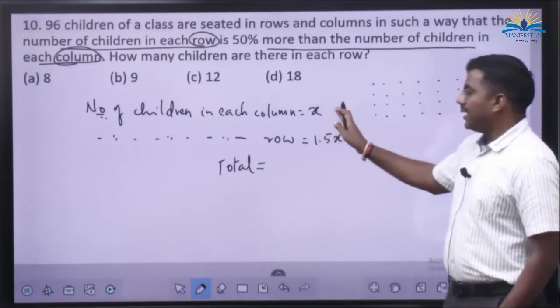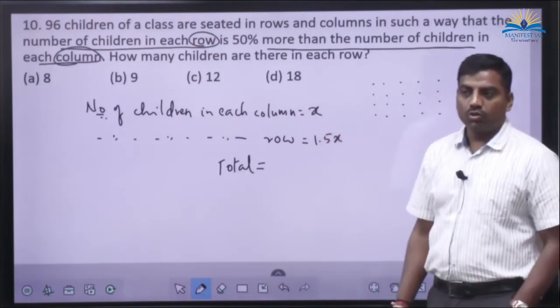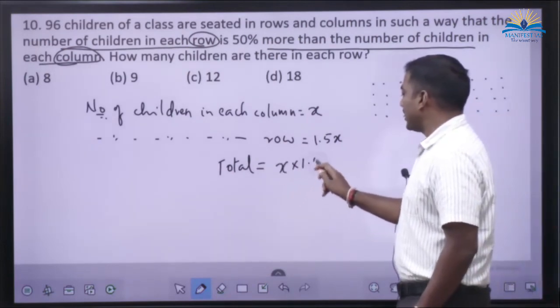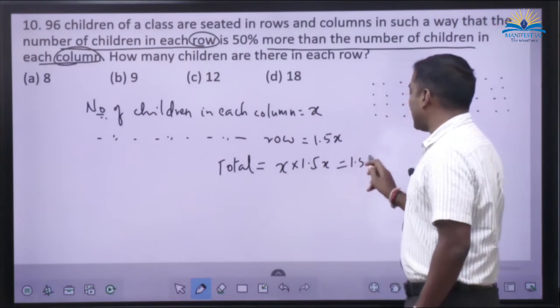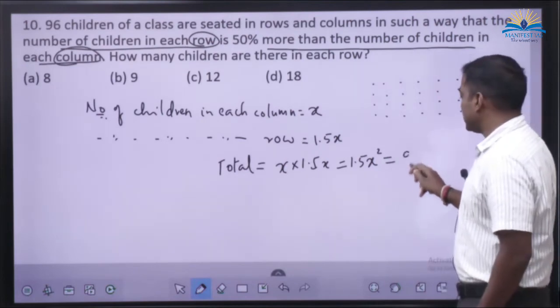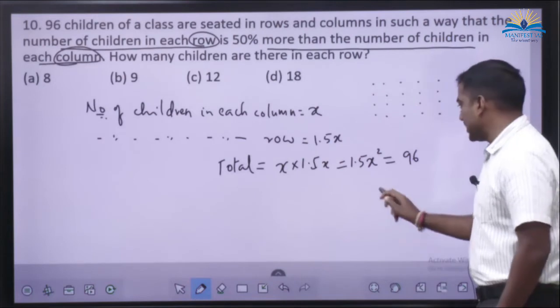These many people in column, these many people in row. How do you find out the total? X into 1.5x, that is equal to 1.5x square, that is equal to 96. Solve for this.